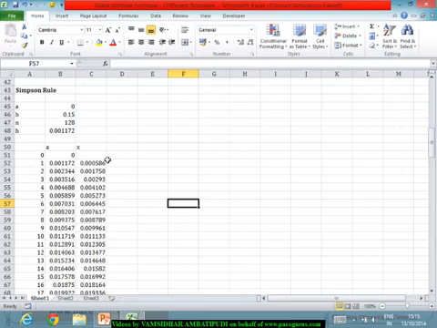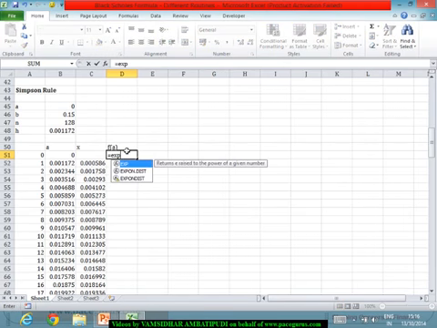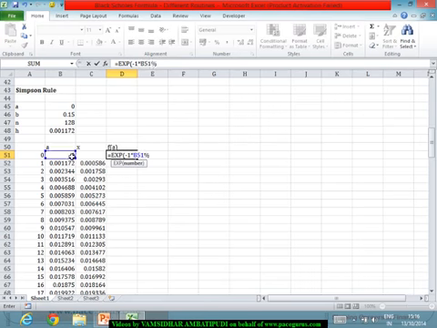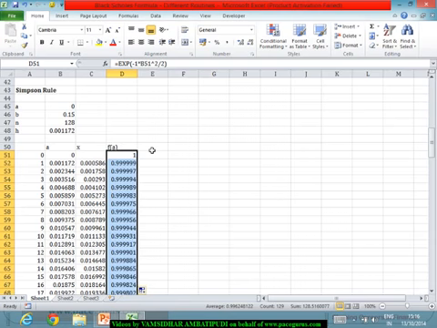So when I want f of a, I'll try to find out e to the power of minus 1 times a squared by 2. This is giving me e to the power of minus x squared by 2. So I am finding out f of a's.